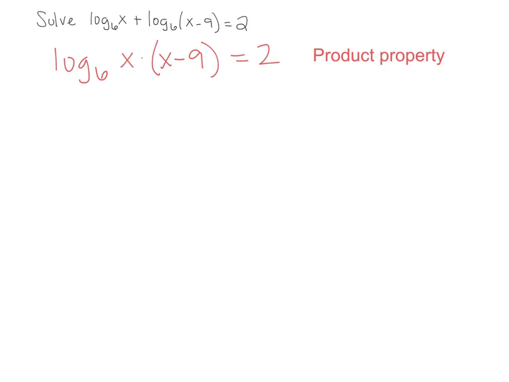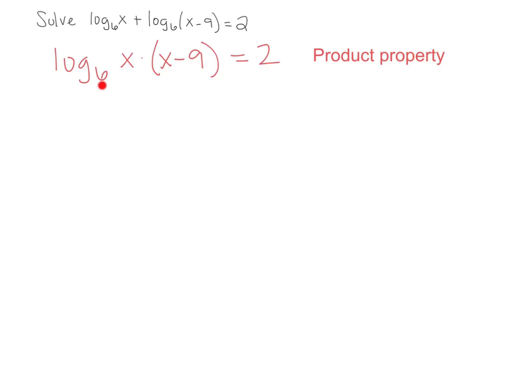Alright, so now we have one logarithm, and we were practicing these last week, with a base and a number here and this over here. So we're going to turn this logarithm into an exponential equation. If we recall, when it has a log, the base is saying 6 to what power gives you this?